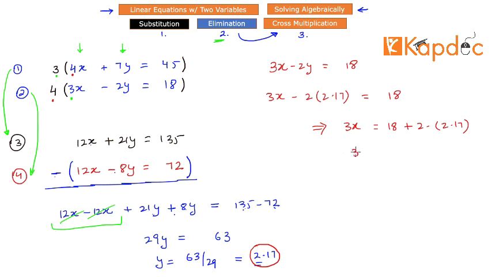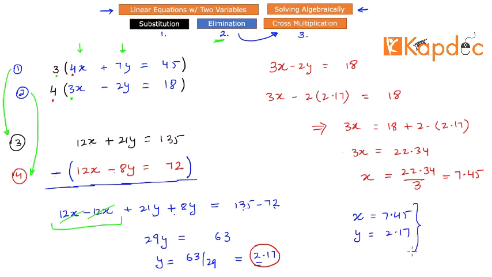Solving this gives you 3x is equal to 22.34, and then that gives you a value of x is equal to 22.34 divided by 3, or in other words, this is 7.45. So with these solution steps, you have obtained your unique solution to be x is equal to 7.45 and y is equal to 2.17. And this is the solution that you have obtained using the elimination method.